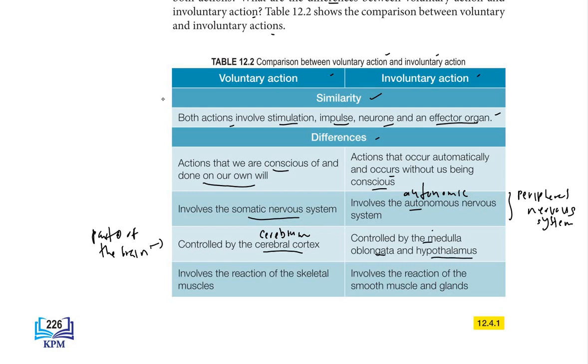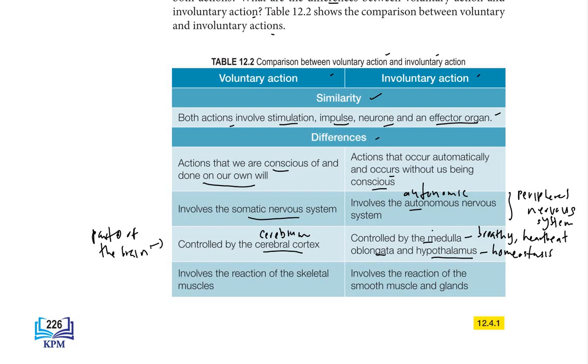The medulla oblongata controls processes such as breathing and heartbeat, the processes inside our body. The hypothalamus is involved in homeostasis, such as regulating blood pressure and body temperature. So these are the parts of the brain that control voluntary and involuntary actions.